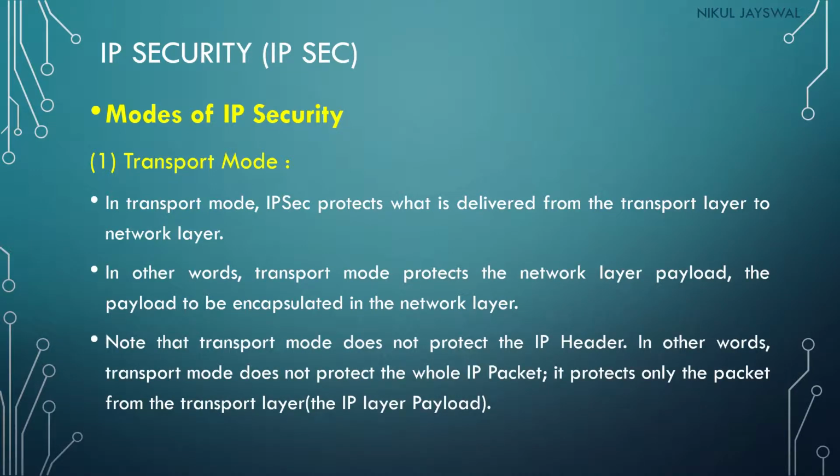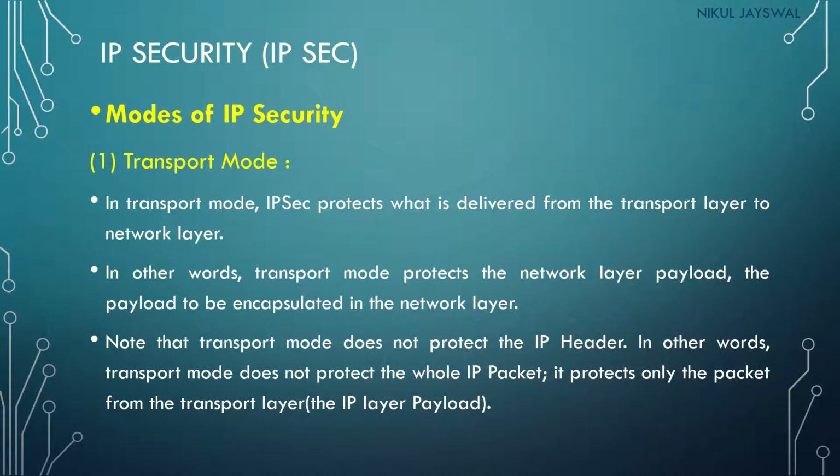Note that transport mode does not protect the IP header. In other words, transport mode does not protect the whole IP packet. It protects only the packet from the transport layer. So if we use the transport mode for IP security, it will only protect the data that is present in the transport layer. It will not protect the IP information.